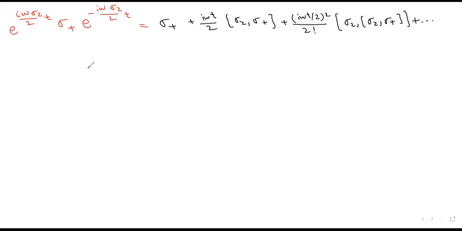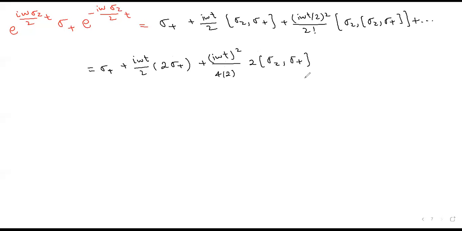It will yield sigma positive plus iota omega t by 2. That's a very long and nasty calculation, so please bear with me. 2 sigma positive plus iota omega t squared by 4 multiplied by 2, and this will just be 2 sigma z sigma positive, and it again yields 2 times sigma positive.